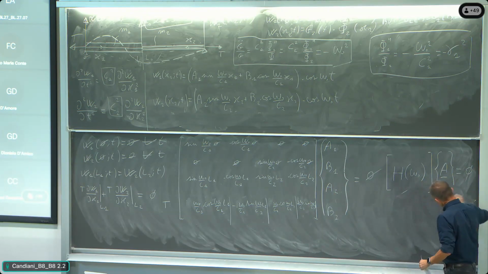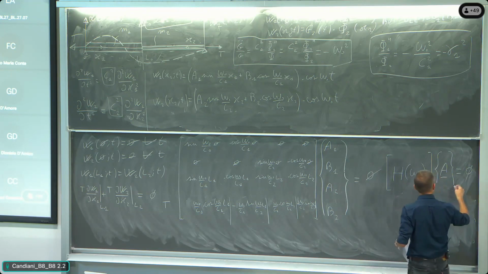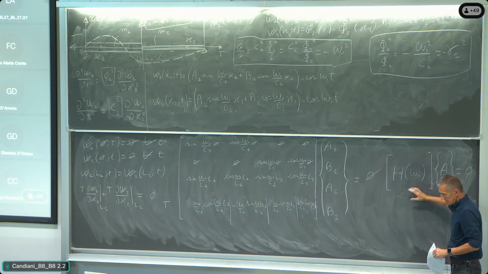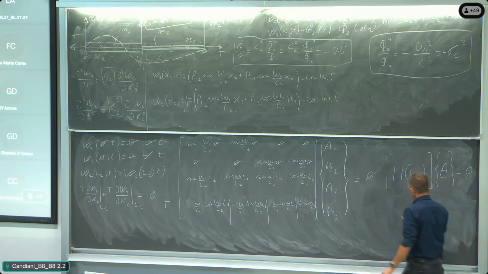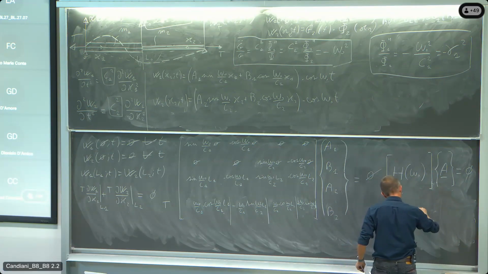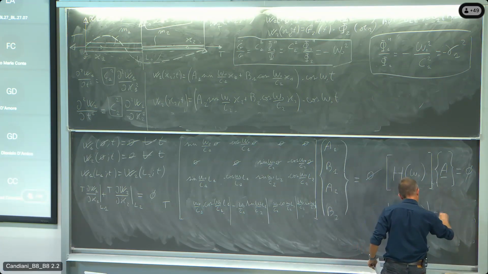So finally, after having made this not very rigorous digression into the linear algebra of the homogeneous problem, we say that at this point, the condition is determinant H(omega 0) equal 0.